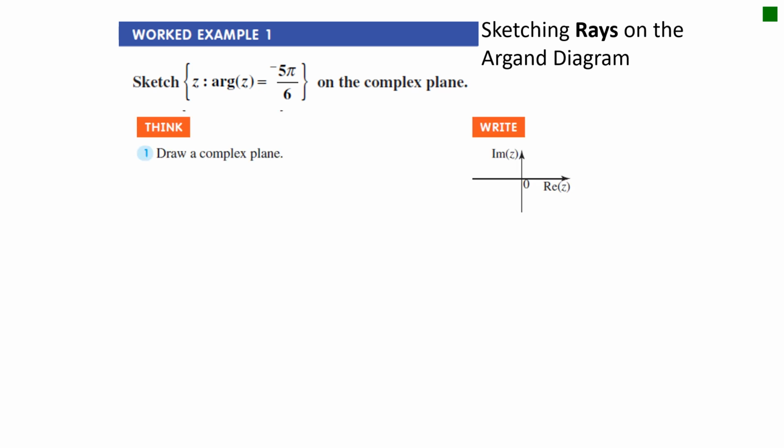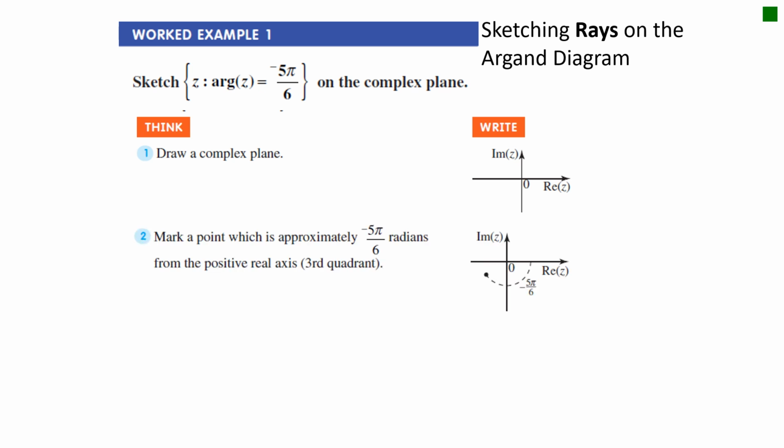Let's begin. You begin, as always, by drawing a complex plane or Argand diagram. Real z-axis in line with the positive x-axis, imaginary z-axis in line with the y. So here's the recommendation. You find the radial line matching minus 5 pi on 6.